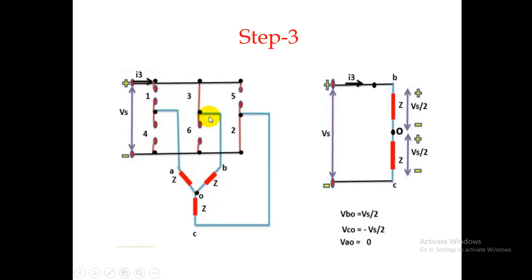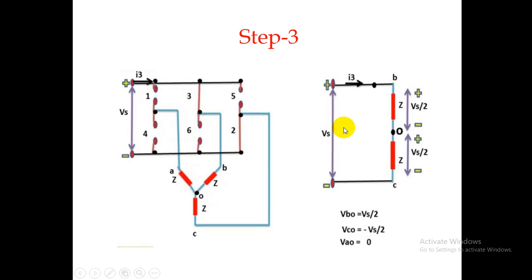Now we are going to switch on thyristor T3, thereby the current is entering switch number 3 and flowing through the load. It enters B, O, passes through C, comes back to switch number 2 and enters into that and back to the source. Like this, it has a closed path.